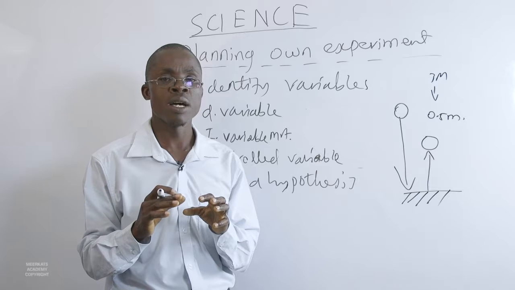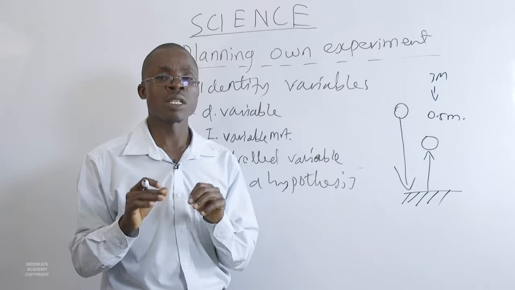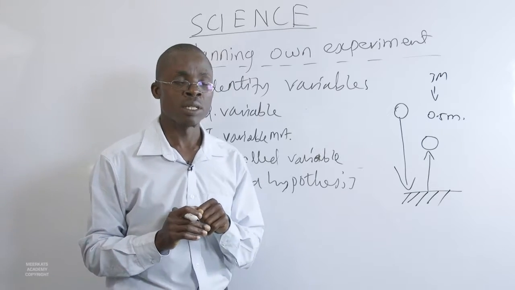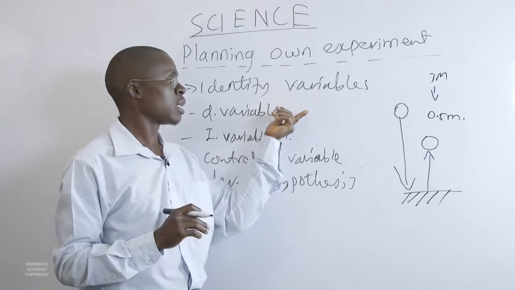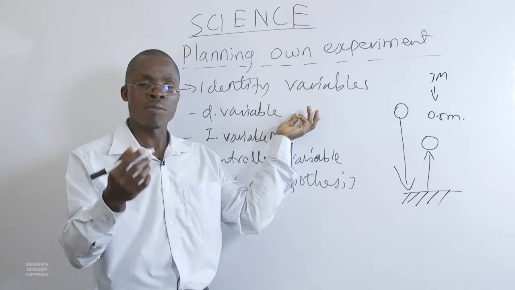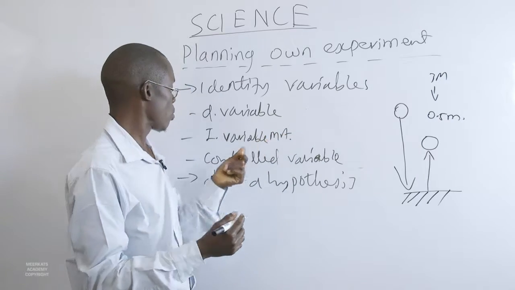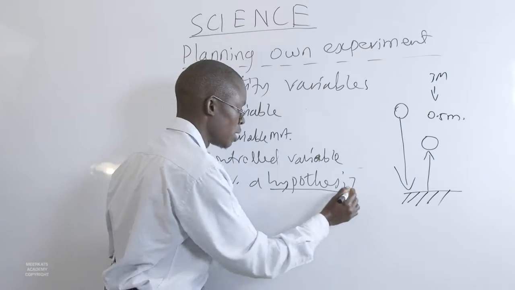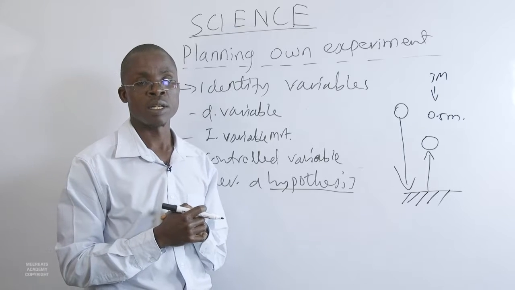But before we reach that point, let's go back. After getting the title, the heading, and the aim of the experiment, we had to go for a hypothesis. And that's where we are.